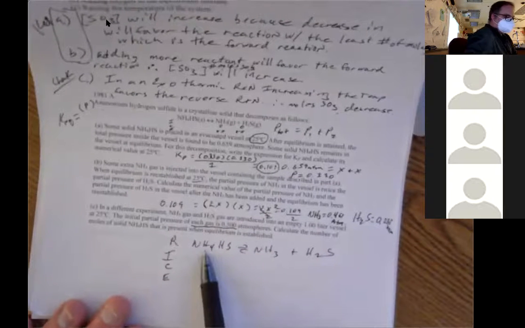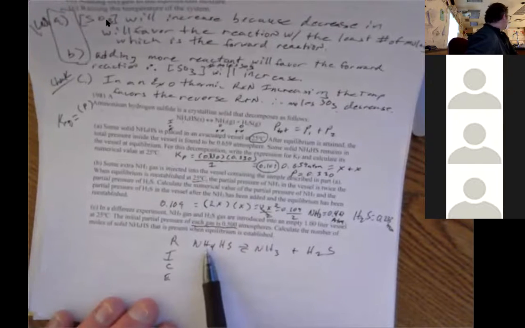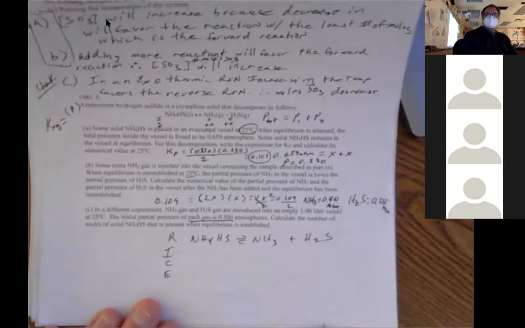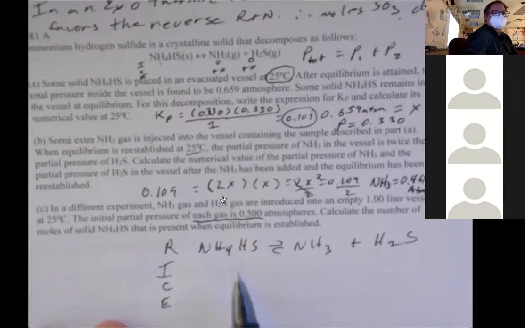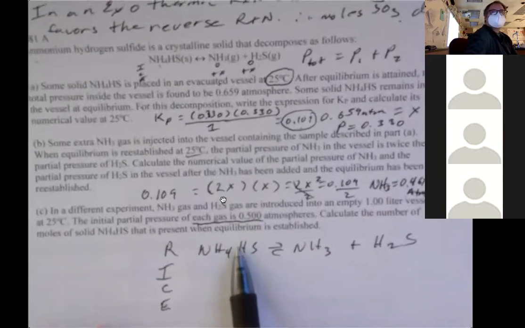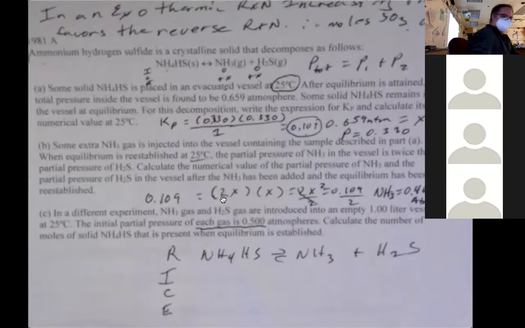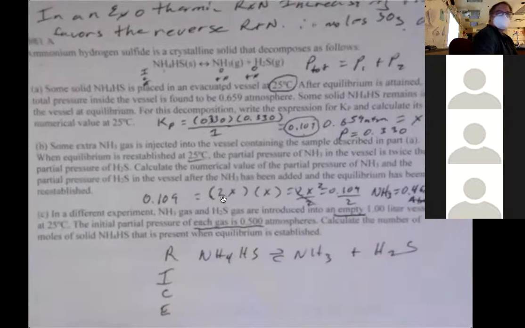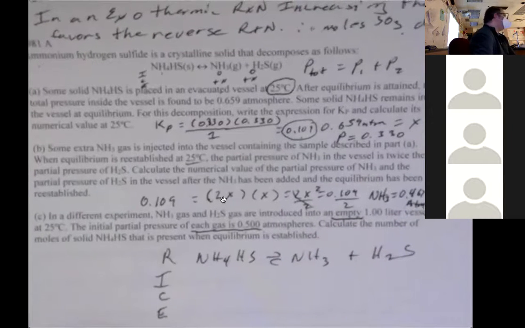So how much of this do we have at the beginning? What's the key word that tells us how much of this we have at the beginning? This right here. It's empty. So that tells us how much solid do we have at the bottom of an empty thing?